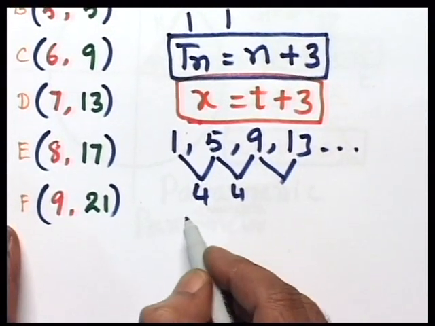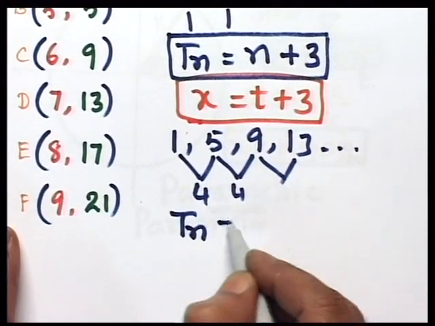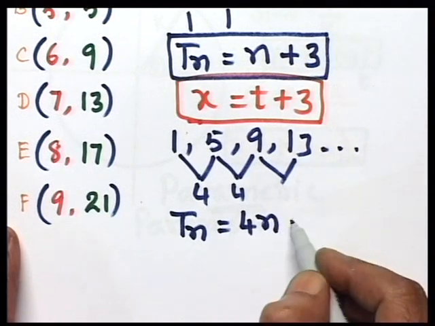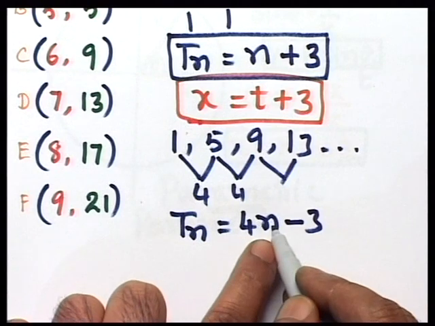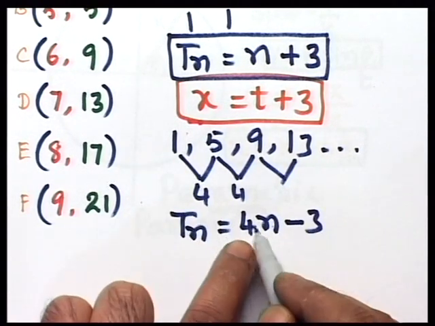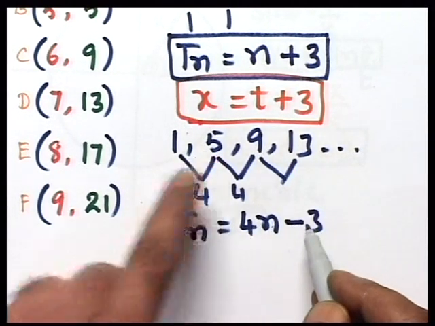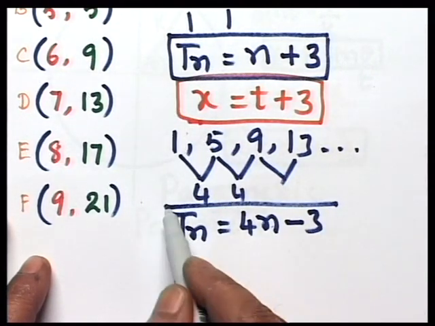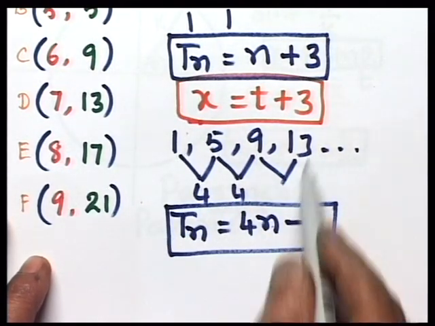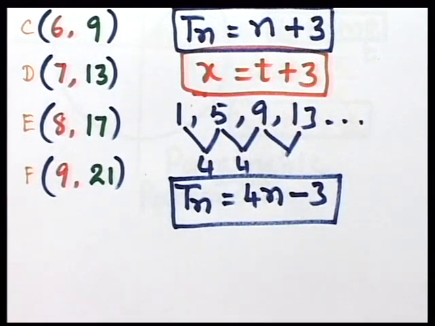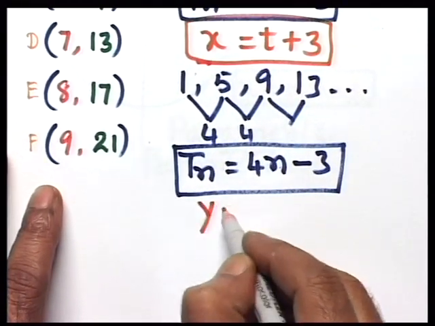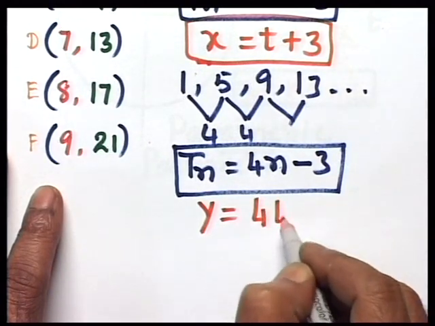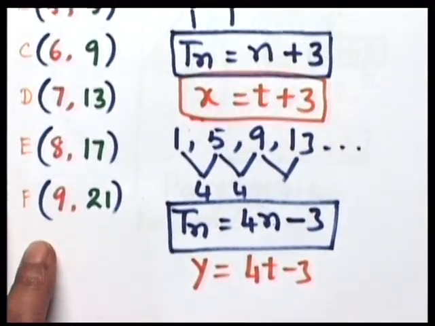So the nth term I got is 4n minus 3, right? 4 times 1 is 4, minus 3 is 1; 4 times 2 is 8, minus 3 is 5. So this nth term will give me all those numbers if I change the n value. So these are actually the y coordinates. So I can say y equals 4t minus 3, right?